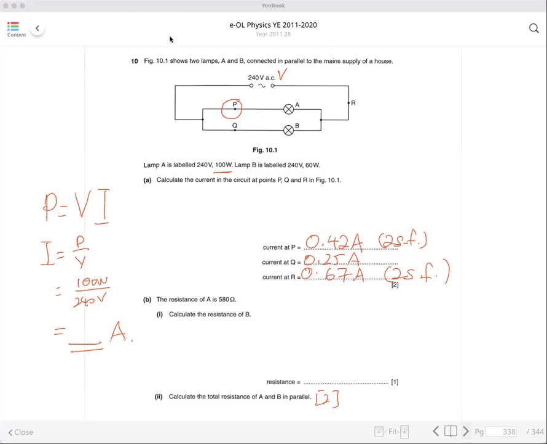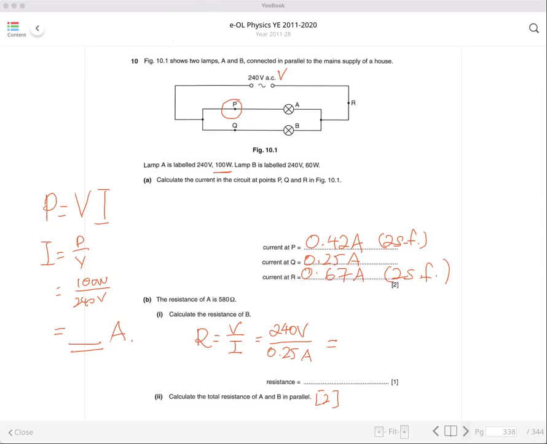Okay, so in this question, you need to know that R is equal to V over I. So at B, your voltage is 240 volt. Your current you calculated in the previous question is 0.25 ampere. From here, what is your answer? Okay, Yuting, can you try again?